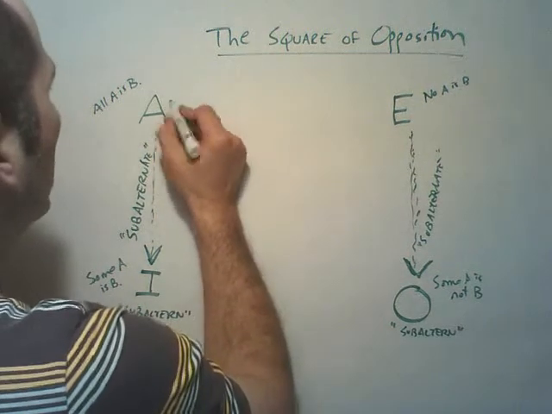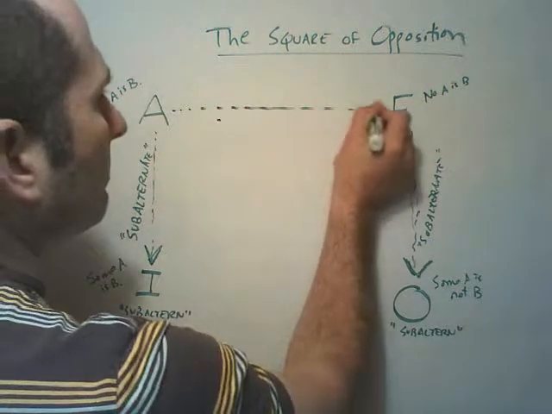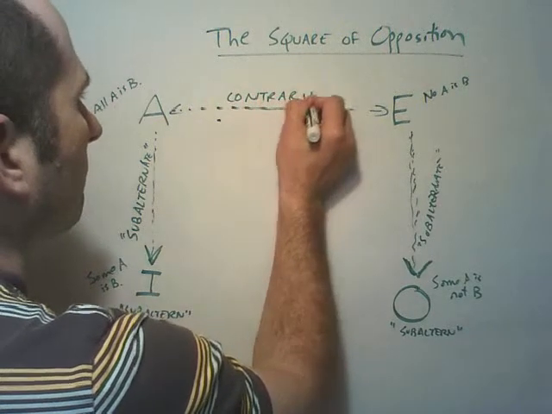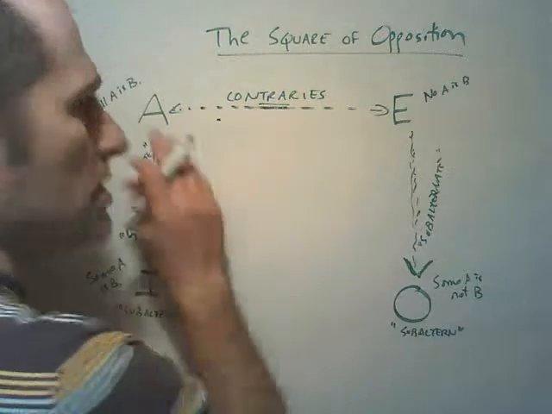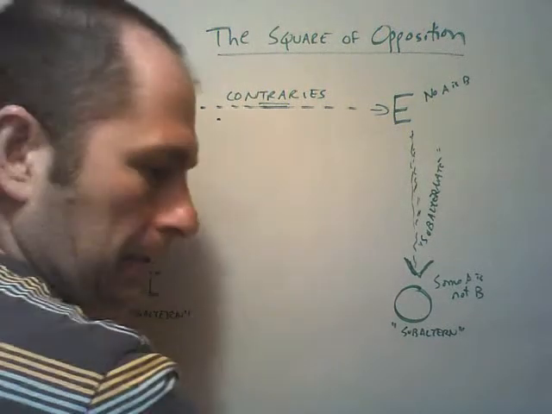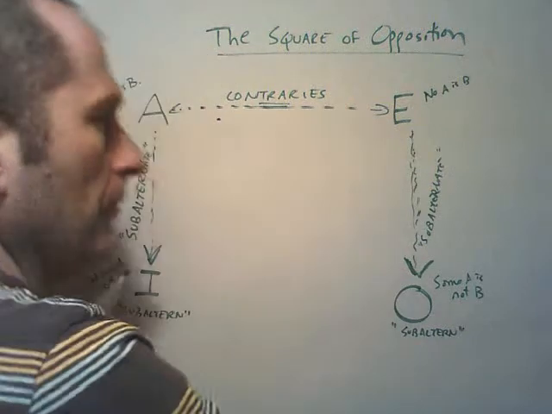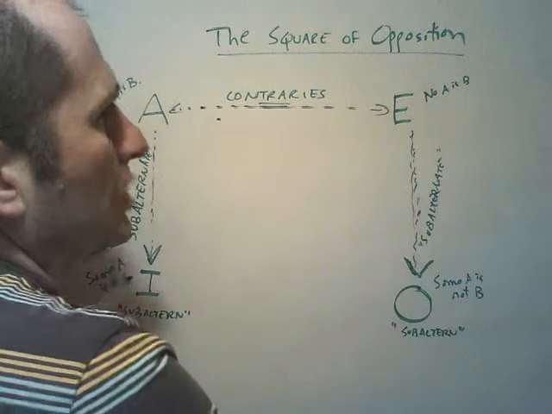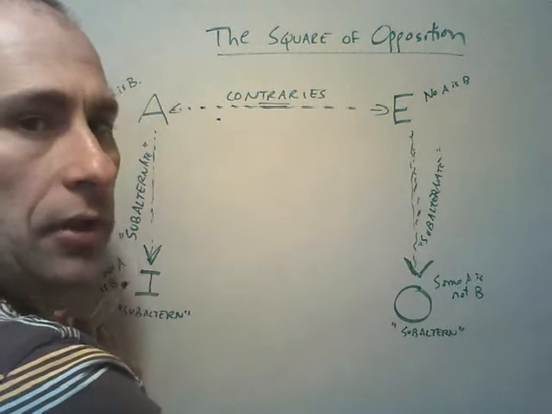Now, what do we call these? These are contraries. So A is contrary to E, and E is contrary to A. And what is the situation about contraries?